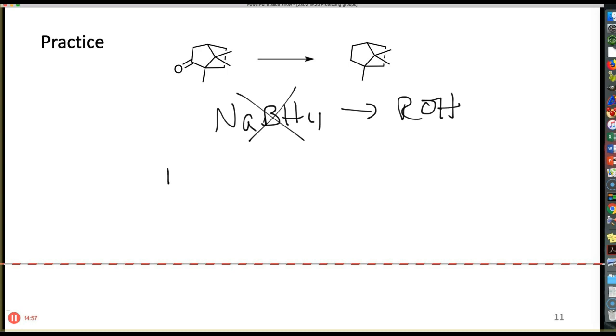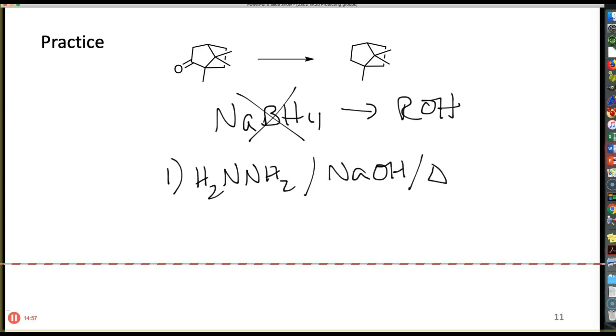Either the Wolff-Kishner or the Raney nickel. I'm going to mix it up a little bit here.